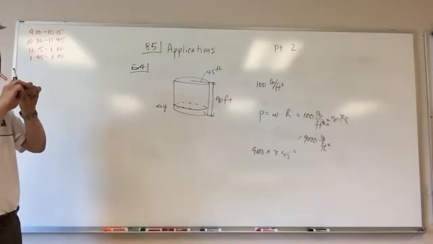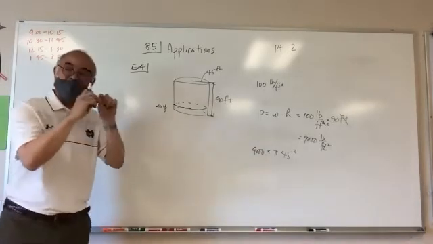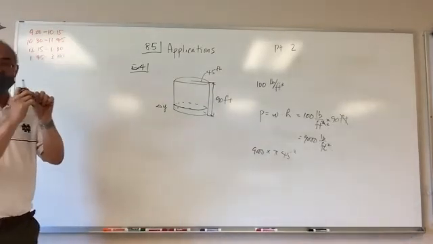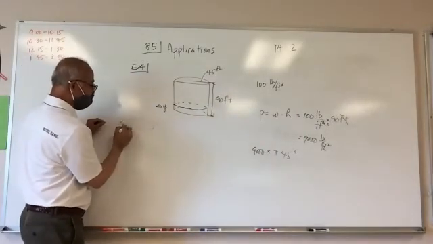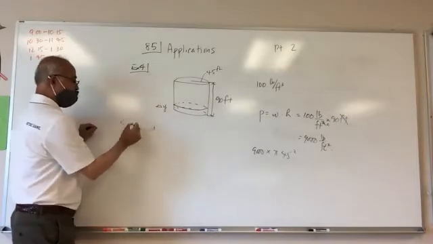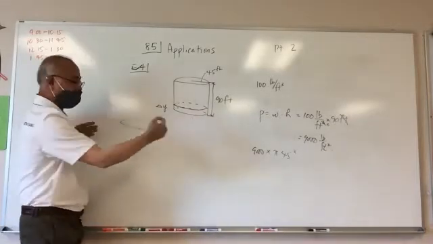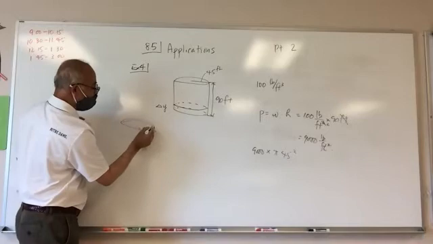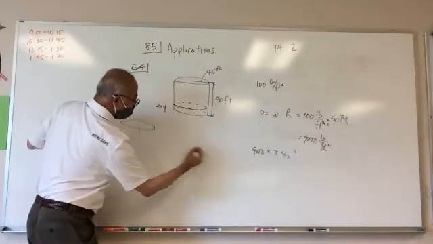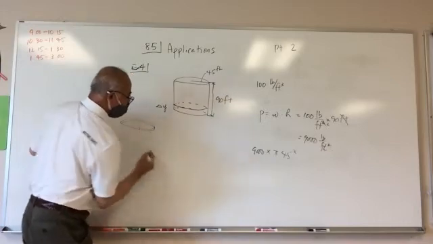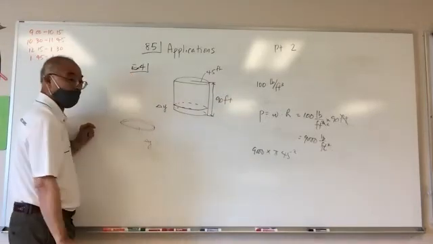So that strip, I need to find out the area of that strip. If I take that strip, I'm going to cut it in half and flop it open. Then it's going to look like this, with height delta y.